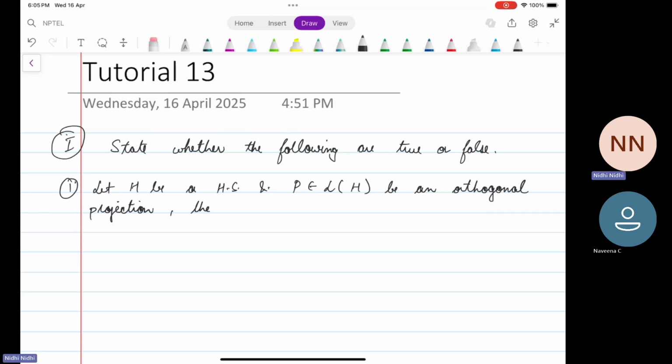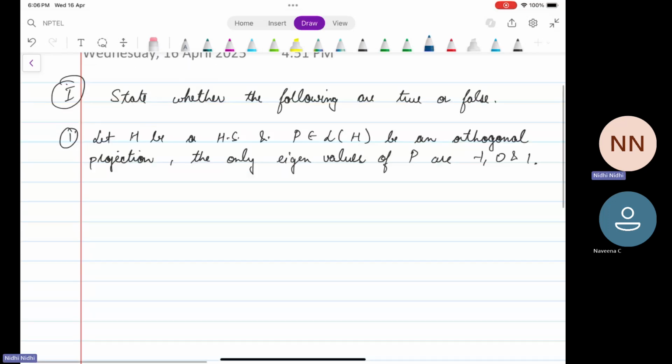They are saying that the only eigenvalues of P are -1, 0, and 1. So let's see what eigenvalues an orthogonal projection has, and see whether the given statement is true or false.